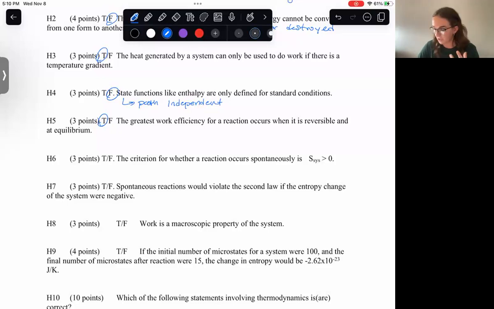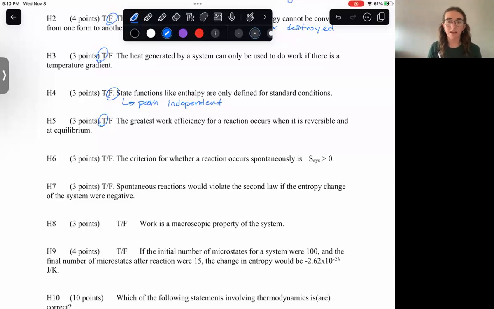Yeah, that kind of plays a little bit into it, delta G being at 0. Right, work efficiency is how you are able to convert one type of energy to the other. So if your delta G is at 0, that means there's no additional free energy.